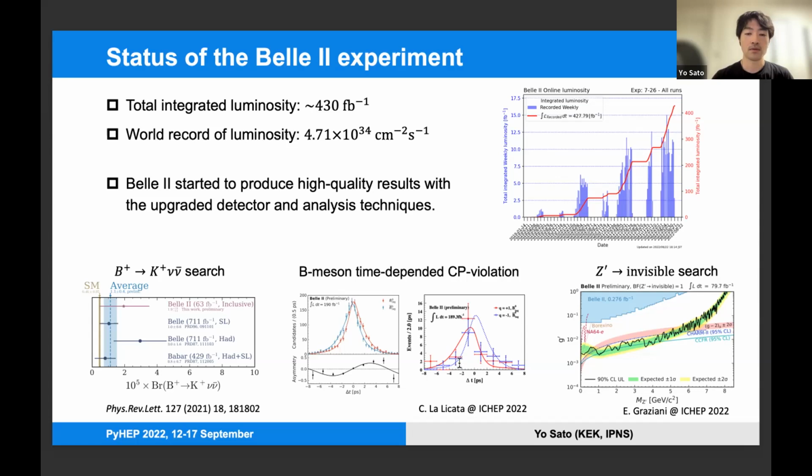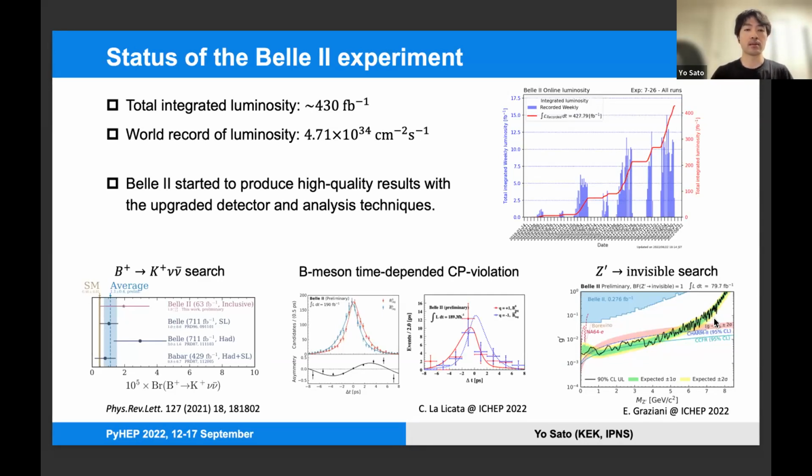And Belle II started the measurement of time-dependent CP violation. That is one of the flagship analyses in Belle II. And Belle II also plays an important role in the dark sector search. So this is one example, the Z prime to invisible search. Belle II has set the world-leading result in this field.